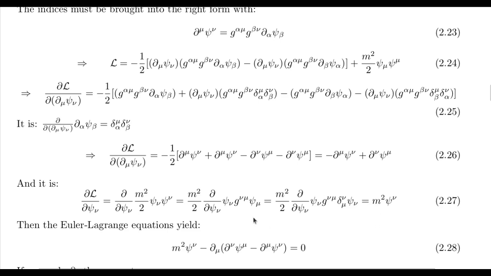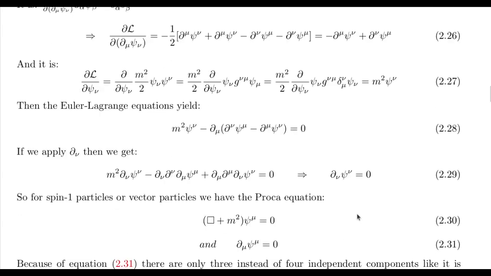So here there is no factor a half in front. This cancelled out, and then we can eliminate the g and the delta, and so we have this expression as the second addend in the Euler-Lagrange equation, 227. And then if we use both parts, we get for the Euler-Lagrange equations this one here, 228.